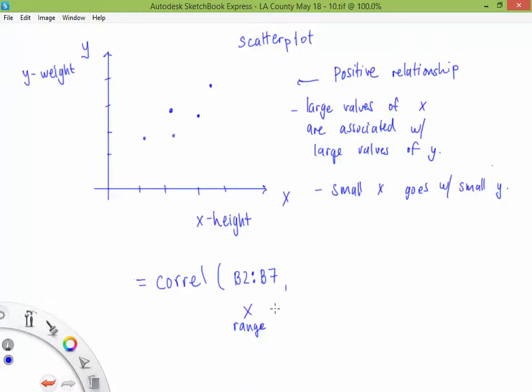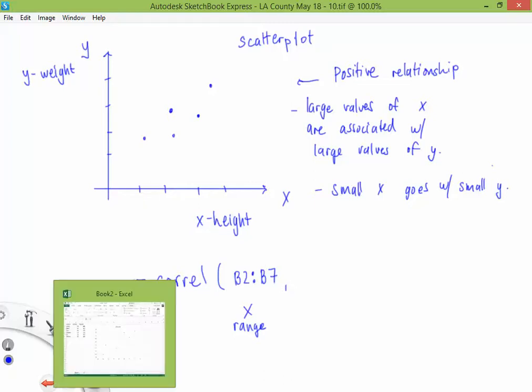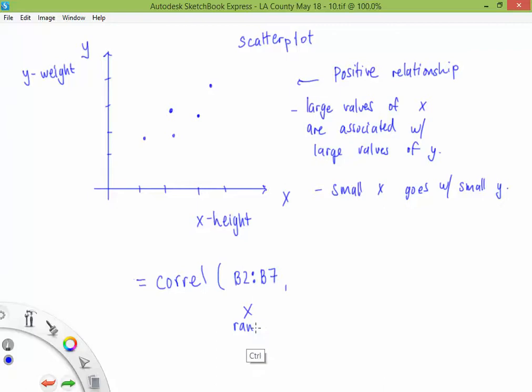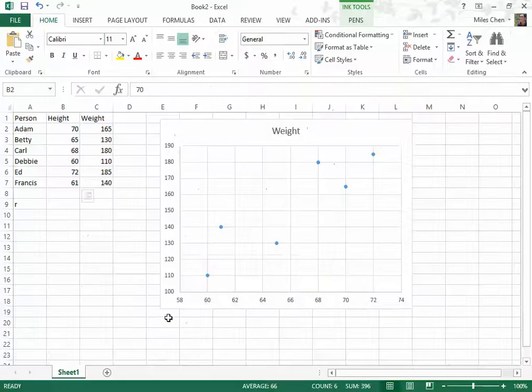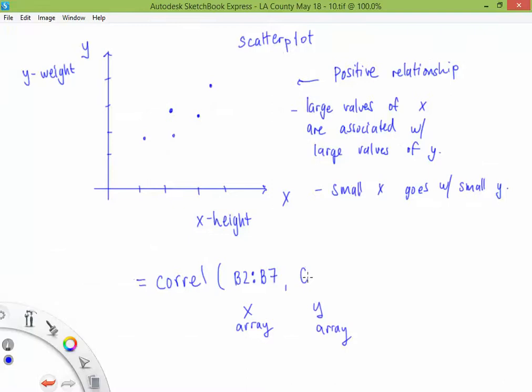Range not being the statistical range, but in Excel they call it a range also, or array. Maybe I'll use that word, array. And I'm going to put in over here, comma, the y array. So what is the y array? C2 through C7, right? So I'm going to do C2 colon C7. And this will produce the correlation value.